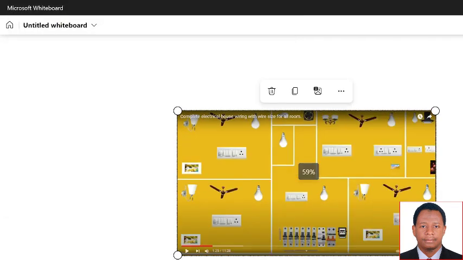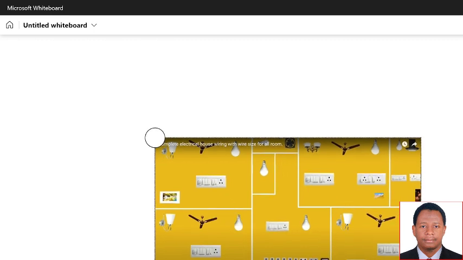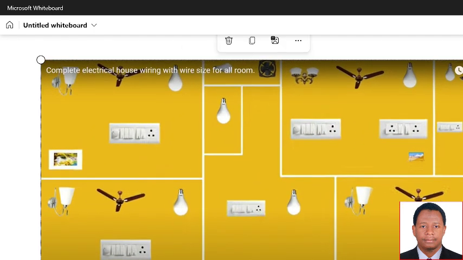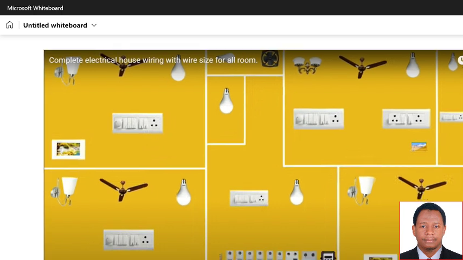Now we have this one. In each room, our components are going to be this one. Now we are going to follow the connection. For the connection of this one, we already see in the previous video that we have here the supply.